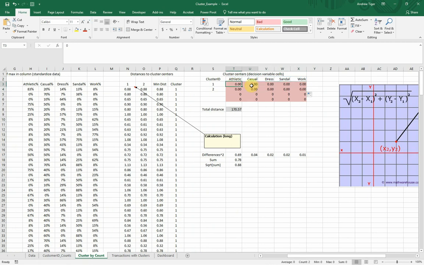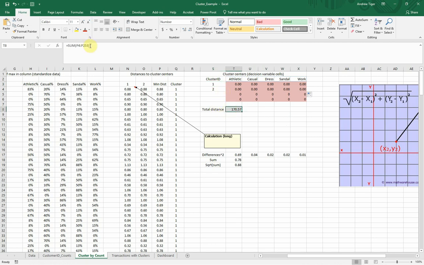We're going to let the model decide what these are going to be. These are the centers in 5 dimensions, the centers of this cluster. And then these will be the centers of this cluster. If it was 2 dimensions, it's real easy to understand. You would just pick X and Y, but this way we got 5 dimensions.